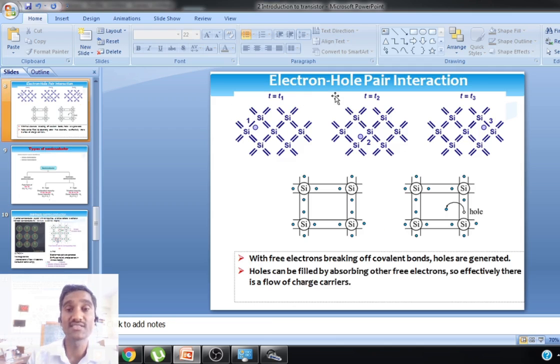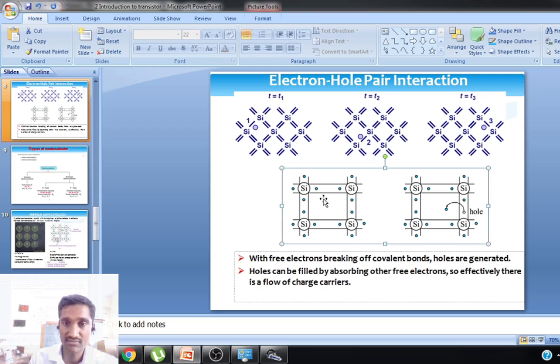The next concept in semiconductors is electron-hole pair generation. Before going further, at times T1, T2 and T3, I show here the concept of electron and hole pairs. First, a covalent bond is formed between this silicon and this silicon by sharing 1 electron of this silicon and 1 electron of that silicon.